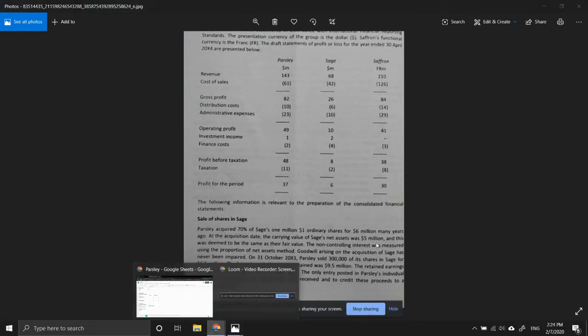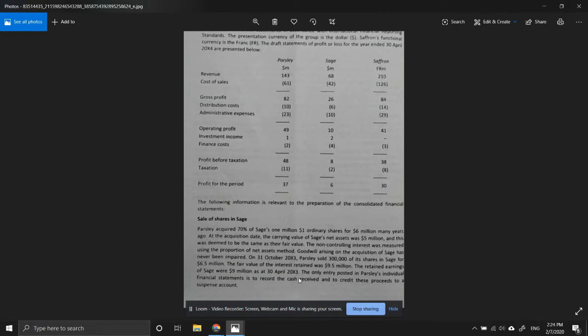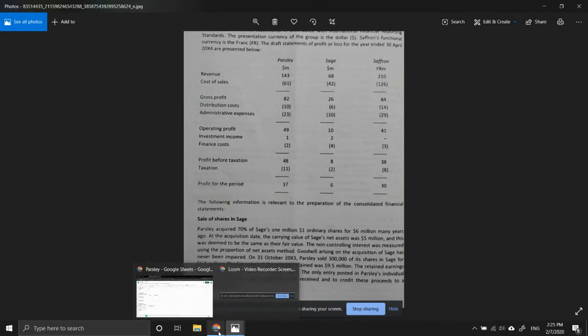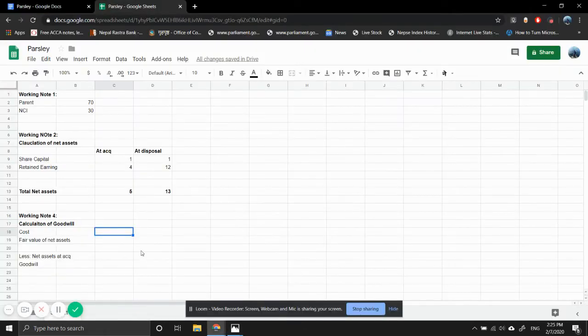And non-controlling interest was measured using the proportionate method, so that makes it easier.